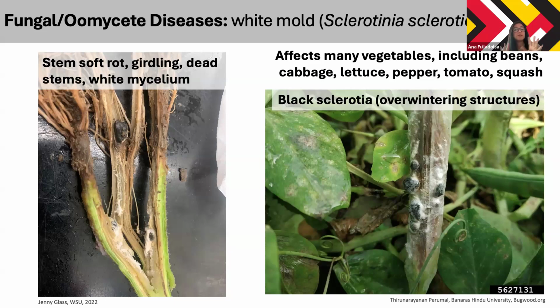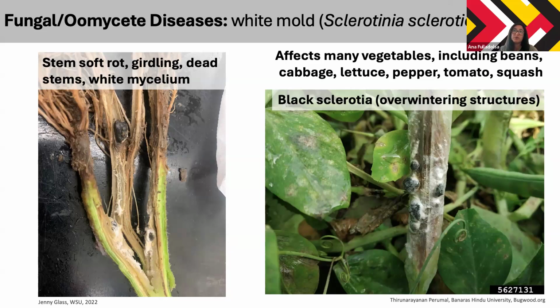With the soft rot, it might be a slow progression to straw colored stems that collapse. And also, we might see a lot of this white fluffy mycelium. Not always will we see the mycelium, but we can see it on the outside and the inside if we cut through that stem when the conditions are right.